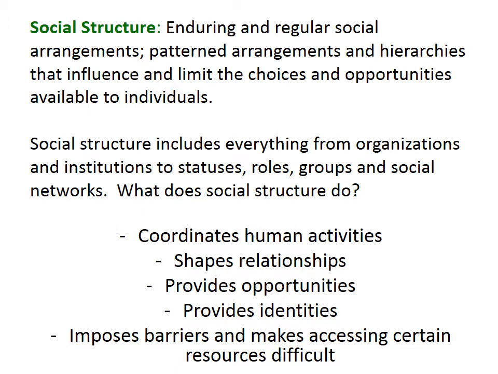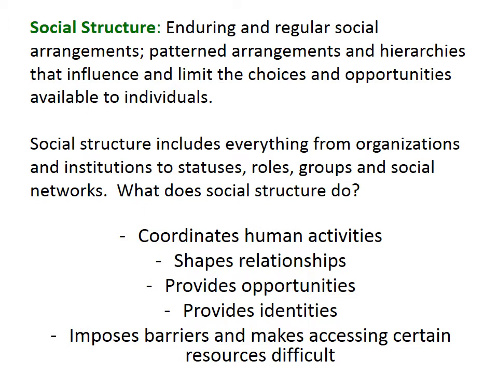You'll see the various things that social structure does, the various functions of social structure. For one, it coordinates human activities. Social structure shapes human schedules. It shapes what types of recreational activities people can do, what types of economic or occupational opportunities are available or not available to someone.